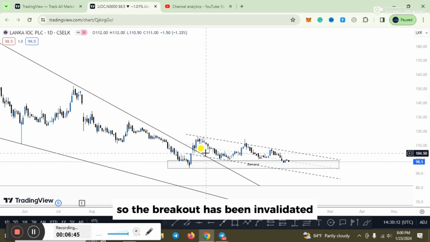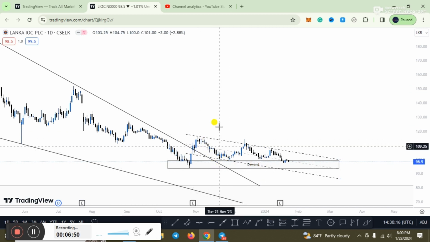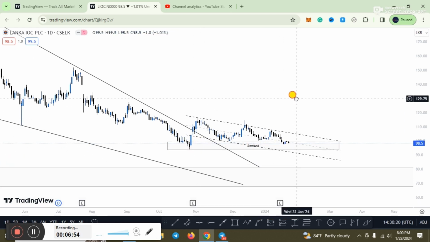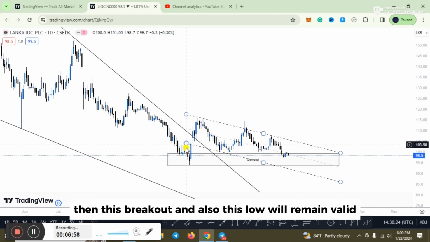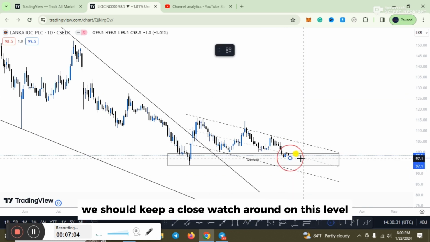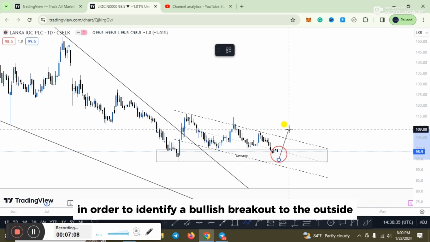So the breakout has been invalidated, but still it is not an invalidation, since we have this low still valid. As long as the price remains above this level, this breakout and this low will remain valid. So for the moment we should keep a close watch around this level.